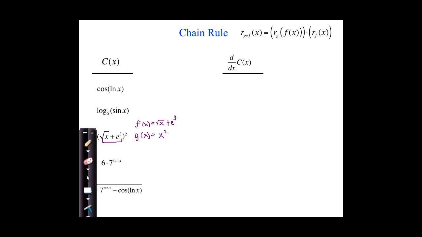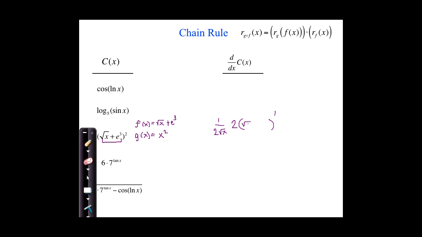So individually, the derivative of this inside part, that's our 1 over 2 root x, yay, plus 0 if you want. The derivative of the outer part would just be 2x to the first power if it were g prime of x, but we want not 2x to the first power, but 2 f of x to the first power.